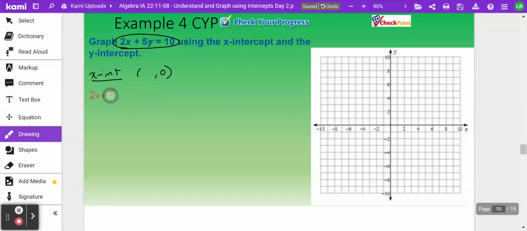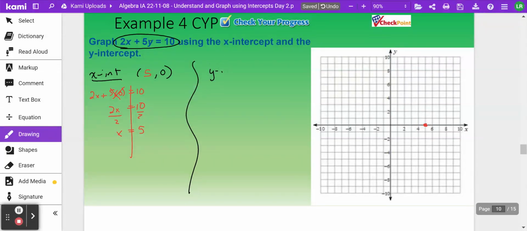So 2x plus 5 times 0 equals 10. 5 times 0 is 0. I get 2x equals 10. Divide by 2, x is 5. 5, 0. Put it on your x-axis. Don't switch those up by accident.